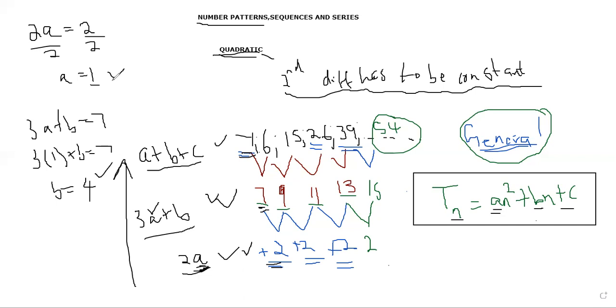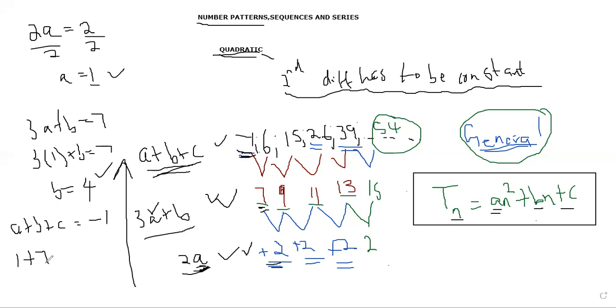So 7 minus 3 will give you 4, right? So we have our B, we have our A. So we come to this one. When we come to that one, it is A plus B plus C, equal to the first term, which in this case is -1. So what is our A? Our A is 1. What is our B? Our B is 7. And what is our C?